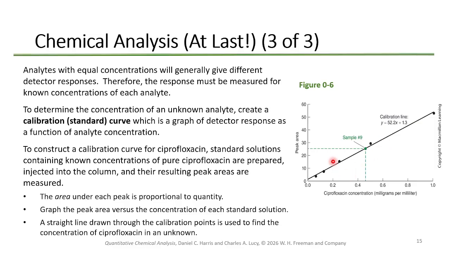And then you would then take unknown samples. So in this case, this is the unknown sample right here, sample number 9. Okay. And then your response from your instrument can go into this equation, and it will give you the amount of your analyte. Okay. There's more details and caveats to that, but this is the overall how experiments typically work.